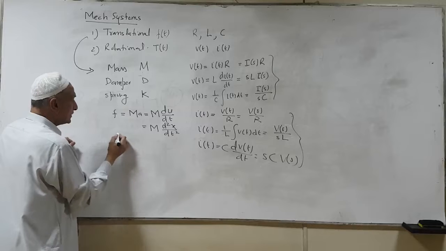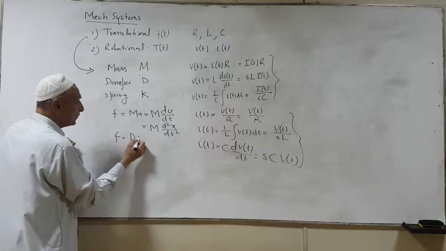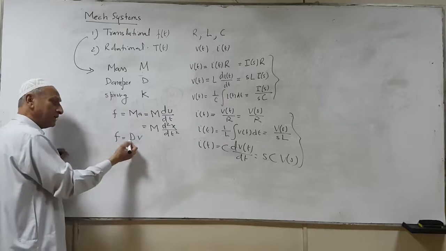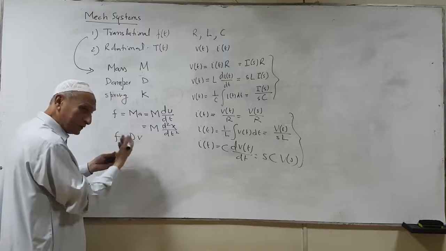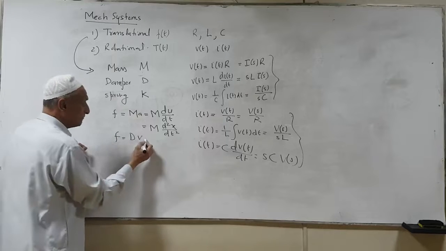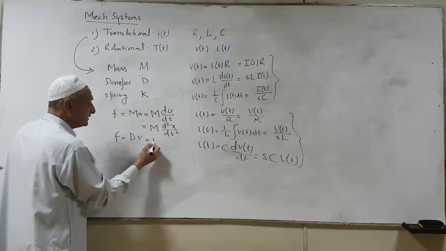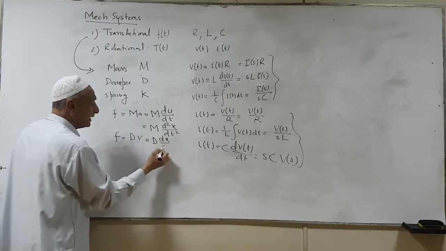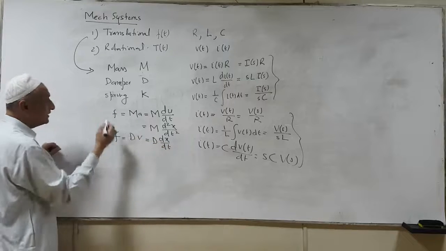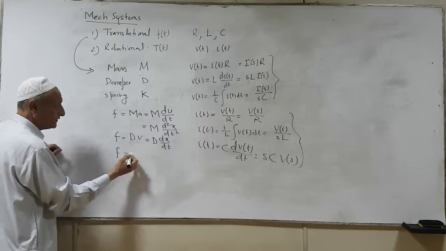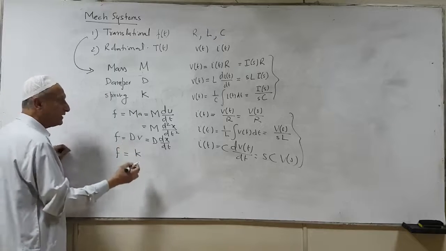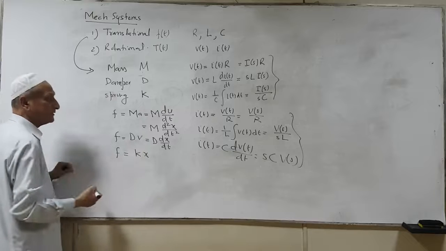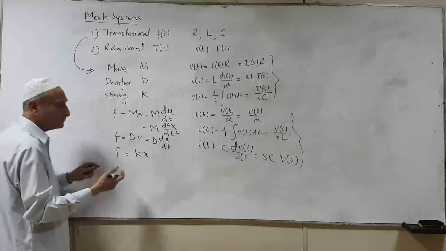Similarly, for the damper, it is D times v, that is the damping constant multiplied by velocity, or D into dx/dt. And finally, we have the spring, for which Hooke's law is applicable. Forget about that negative sign, we simply go for kx. So these are the governing equations.